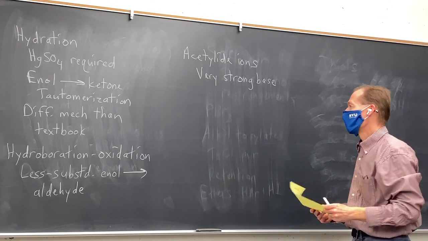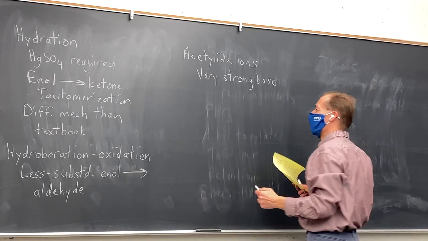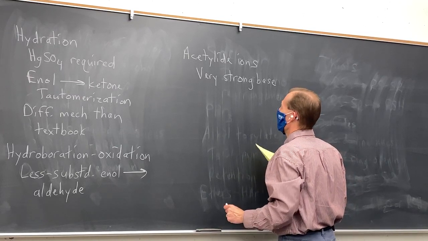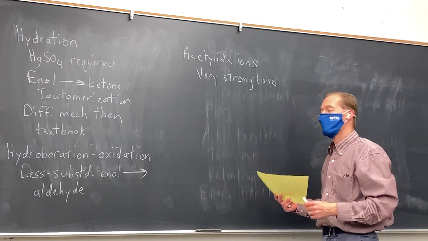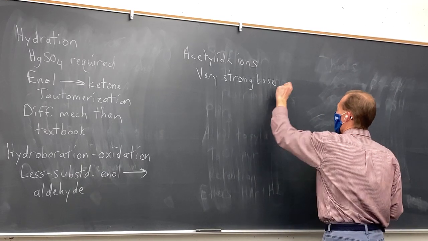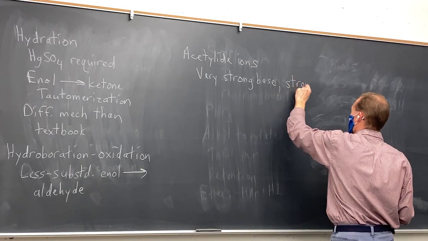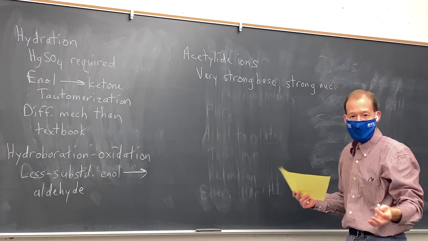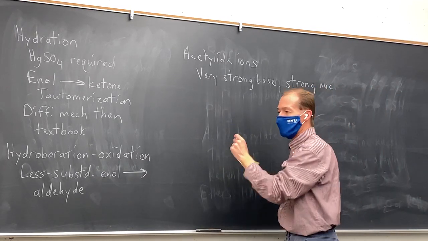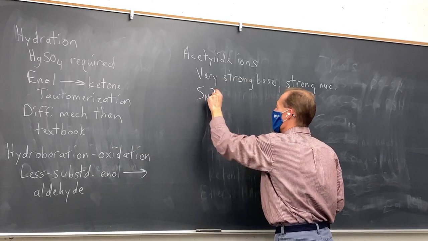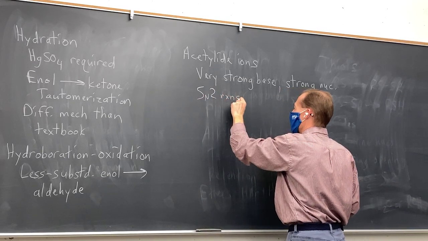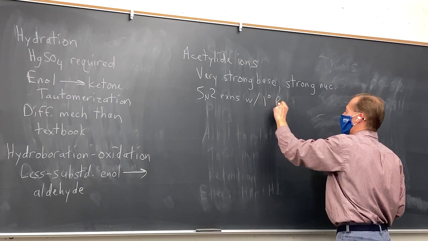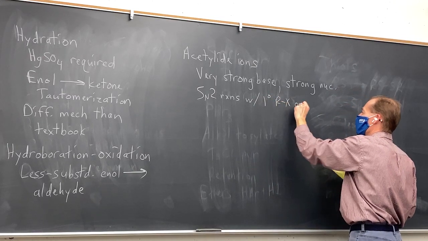Okay? And so what that means is that the acetylide ion itself is a very strong base. It's a very strong base and a strong nucleophile. And so what that means is that we can use acetylide ions in SN2 reactions, but only with primary alkyl halides.